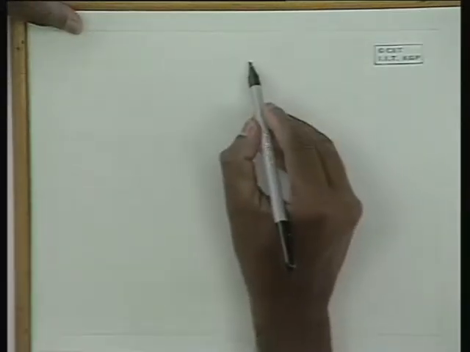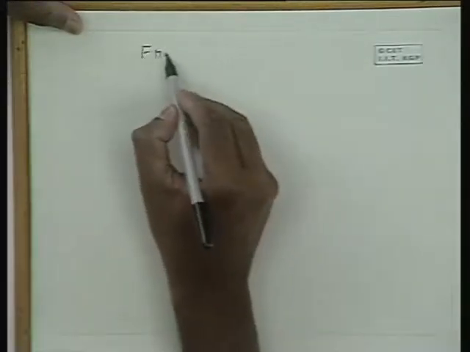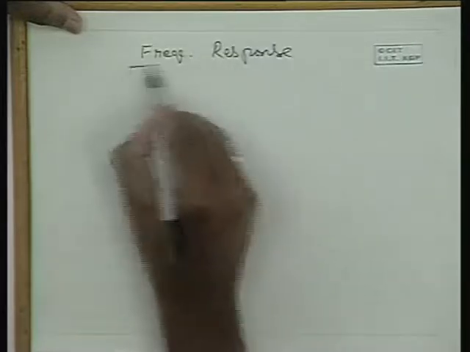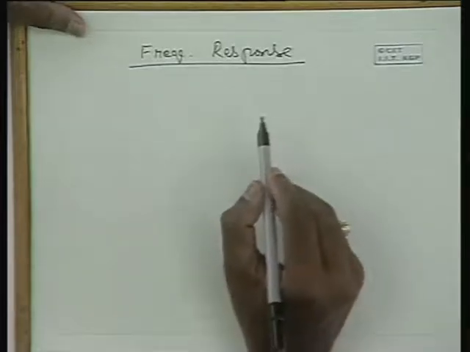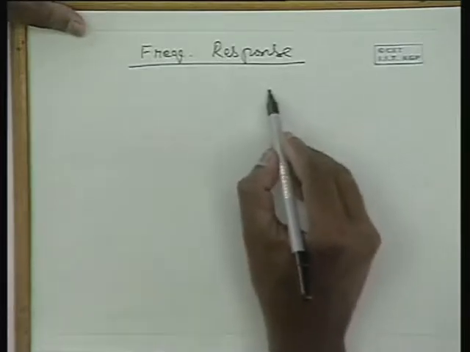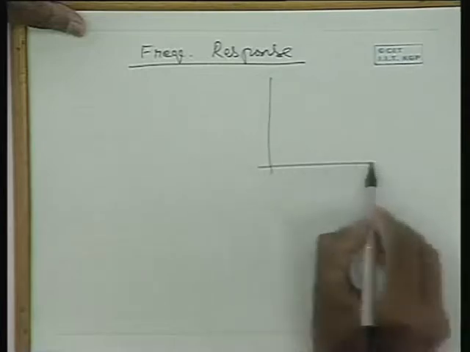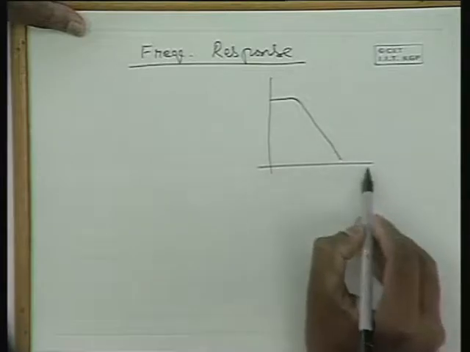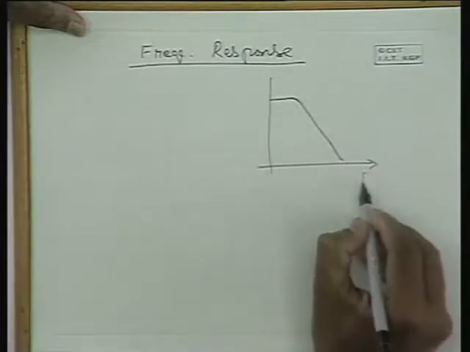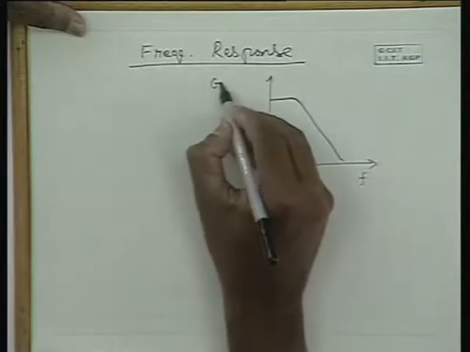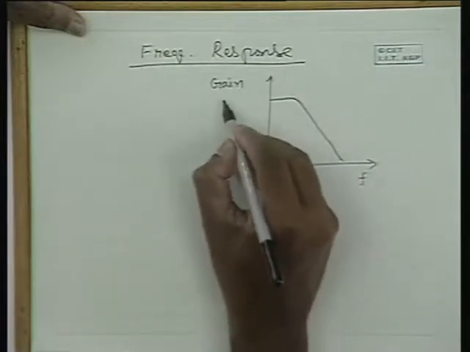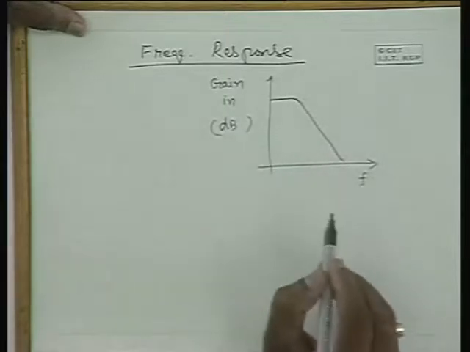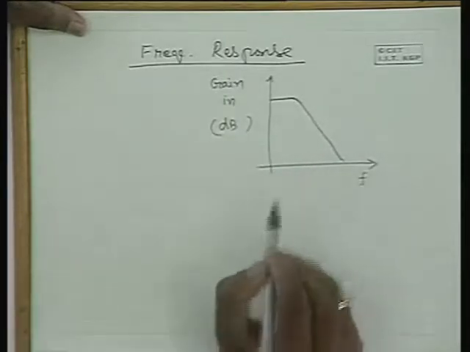Now if you find the frequency response of an operational amplifier, because of so many stages of amplification, the frequency response is like this. Gain is usually expressed in dB and the frequency is given here.